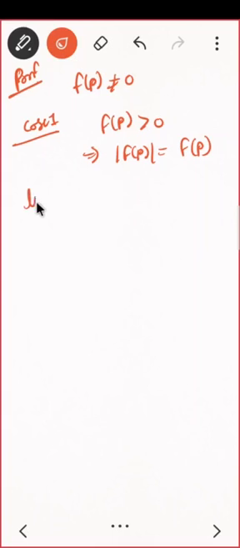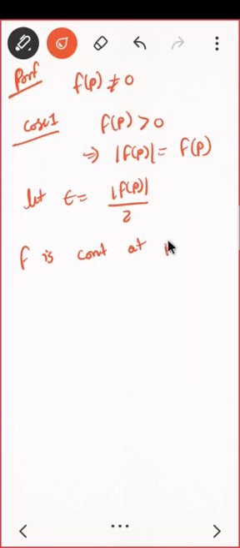Let us assume epsilon is equal to mod f of p upon 2. Can I choose an epsilon like this? Yes. Now what are we given? We are given the function is continuous at point p. So what can I say? I am choosing this epsilon.